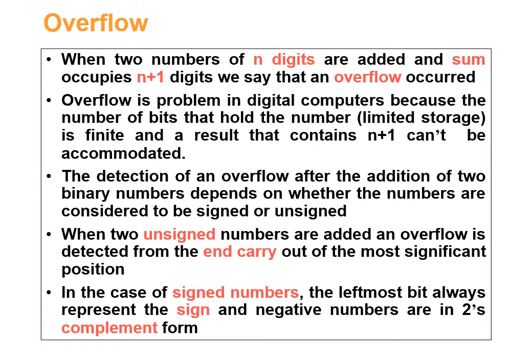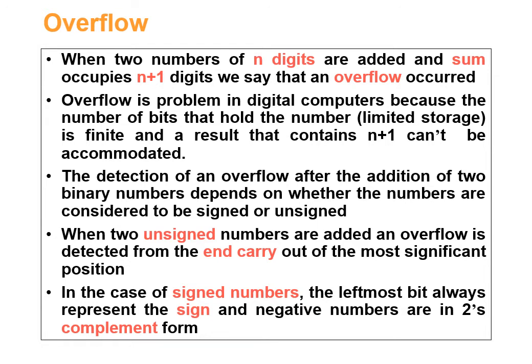The leftmost bit always represents the sign and negative numbers are in 2's complement form. This means if the most significant bit or the leftmost bit is 1, the number is negative. If 0, the number is positive.